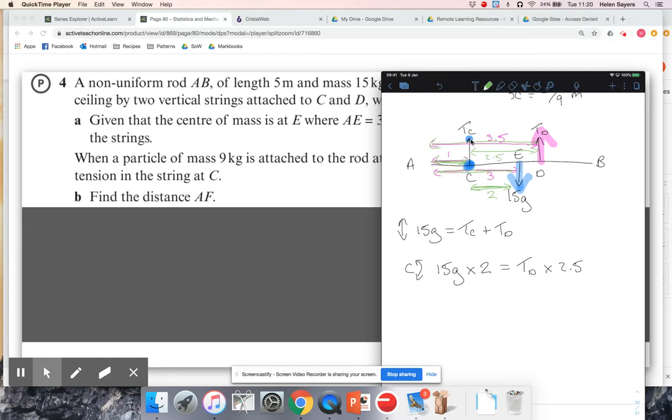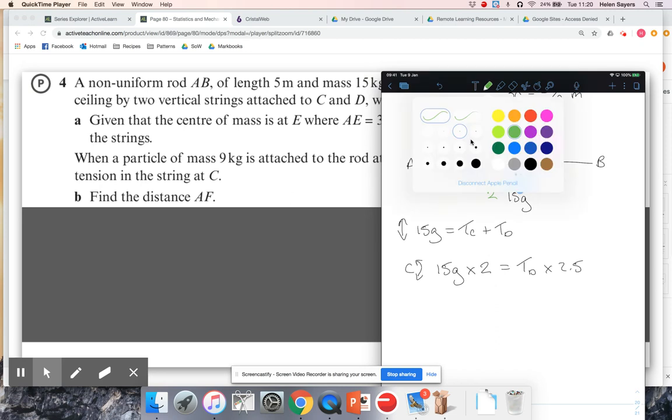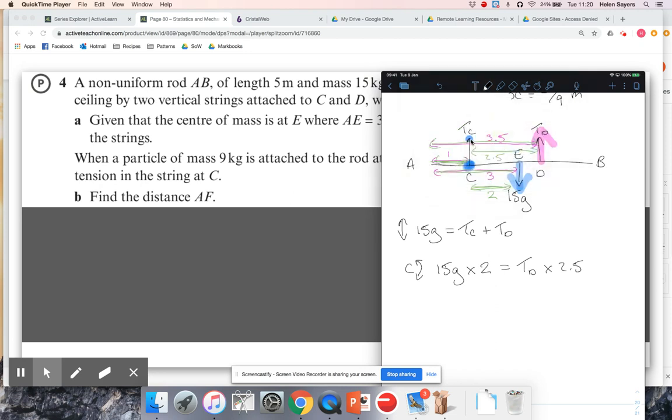Right, so that means I can get the tension at D straight off from this equation. 30 g is 2.5 times the tension at D. So 30 times 9.8 divided by 2.5 gives me 117.6. If I round that to three significant figures, 118 newtons.